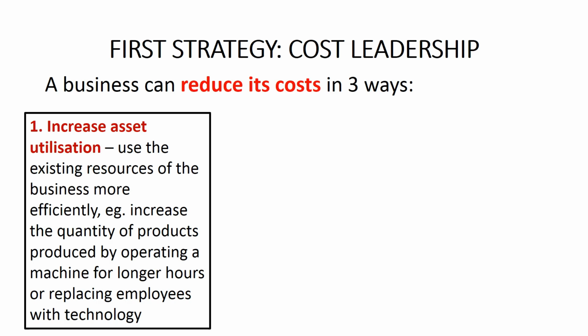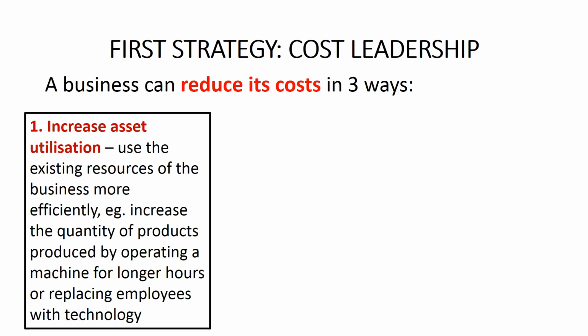Alternatively, the business could decide to replace some of its workforce, some of its employees, with new technology. We know that new technology can be efficient because it doesn't make the same mistakes that employees make, and because technology can be operated for a much longer number of hours than employees can work. Technology doesn't take meal breaks. It's not away sick on any particular days.